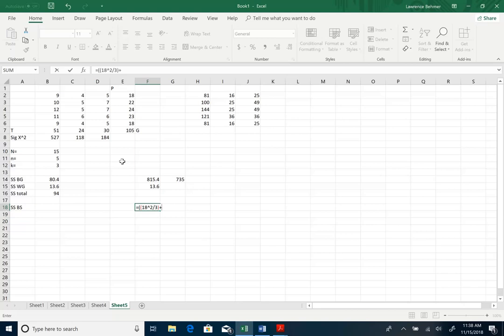Then I'll add 22 squared divided by 3, plus 24 squared divided by 3, plus 23 squared divided by 3, and finally plus 18 squared divided by 3. And that gives you 745.66 and some change.